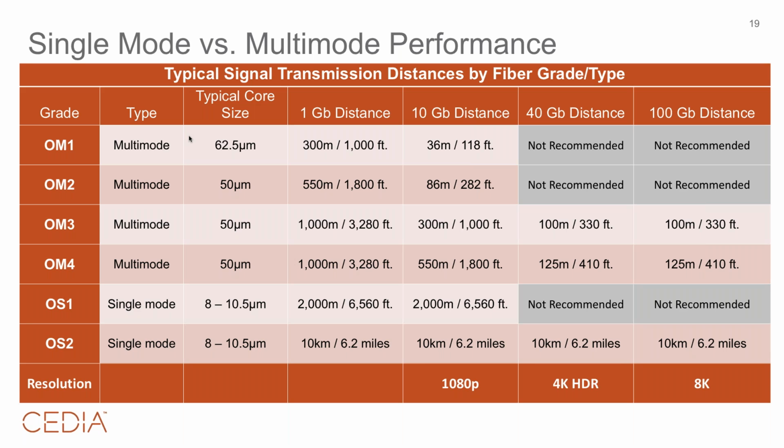Now, I mentioned that I like to throw a caveat on this chart. This is great when we're talking about networking, okay? A lot of people look at this chart and say, well, hang on, does this mean that my cables aren't really going to push 8K very far? And no, that's not the case.